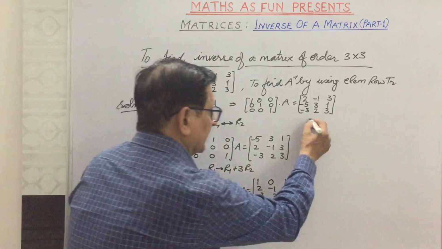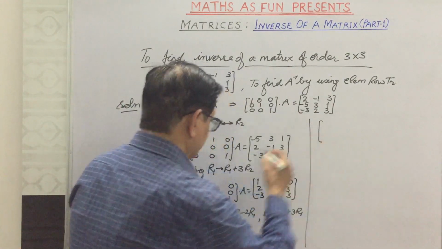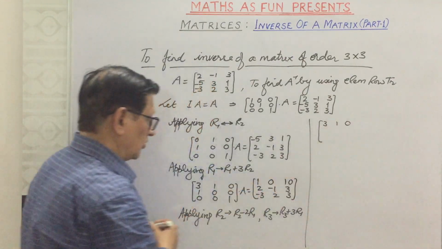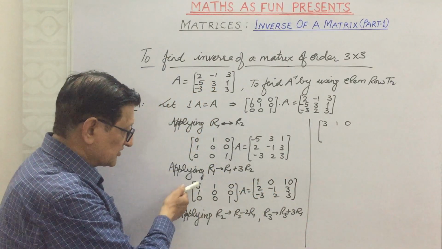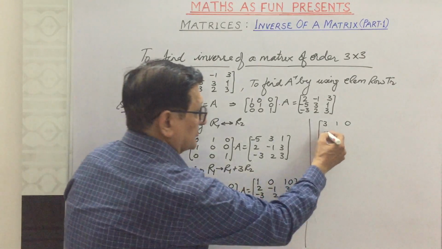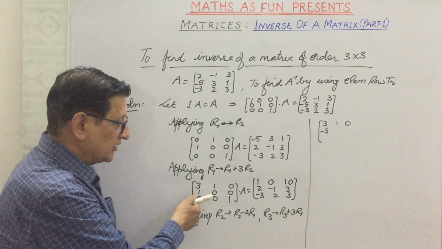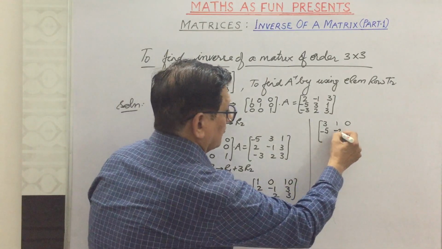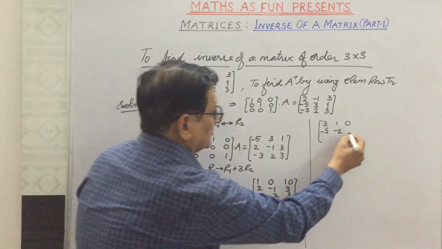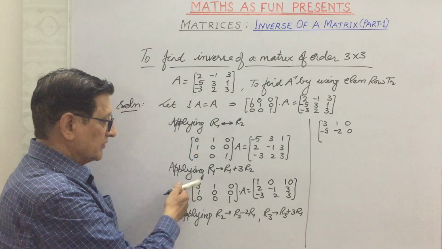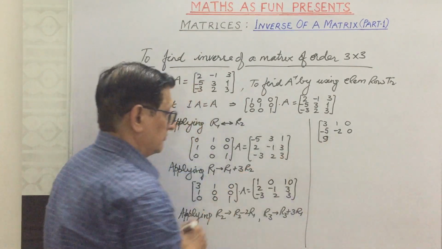And then what we get here? On the left side we are getting 3, 1, 0. Twice of this we are subtracting. 1 minus 6 is minus 5. 0 minus 2. And this is 0. Thrice of this we are adding in this. That is 3, 3, 9.